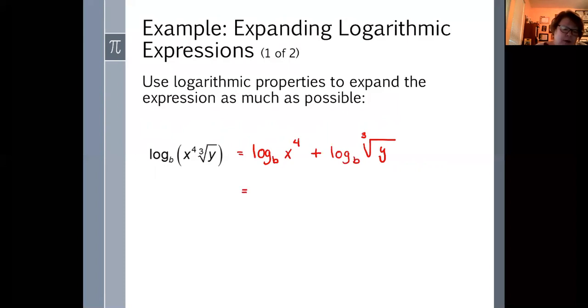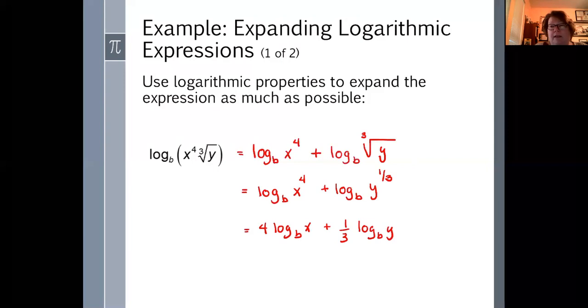So first of all, I'm going to rewrite my second logarithmic term as the log base b of y to the 1/3. The cube root of y and y to the 1/3 are equivalent. Now I can bring the exponent out of each of these terms as a factor times the logarithm. And I have my logarithmic expression completely expanded.